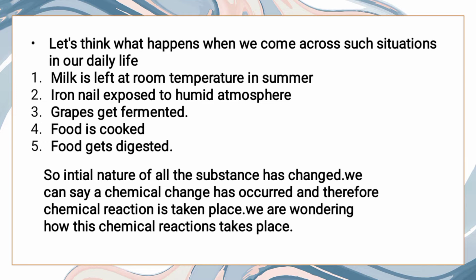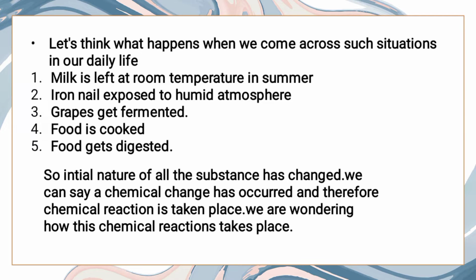If it is summer and we leave milk out at room temperature, the milk gets curdled. This is what happens when an iron nail is exposed to a humid atmosphere. Humid atmosphere means the presence of both little water droplets and air. So when this iron nail is exposed to both water molecules and the air, what happens?